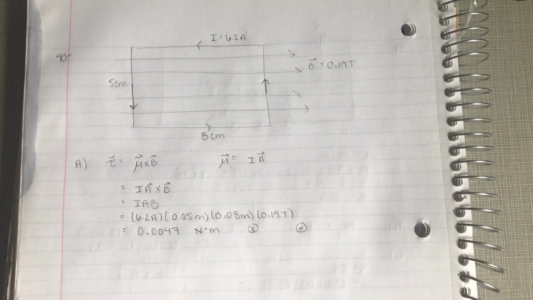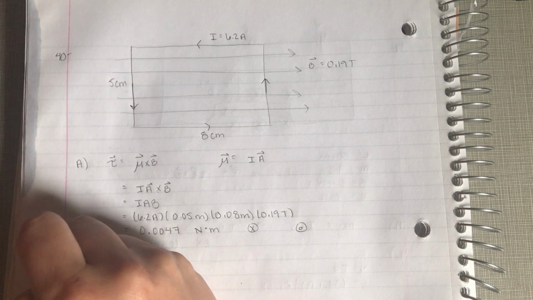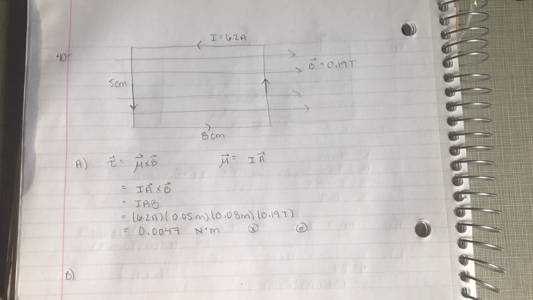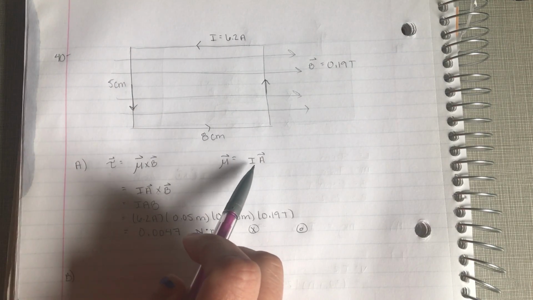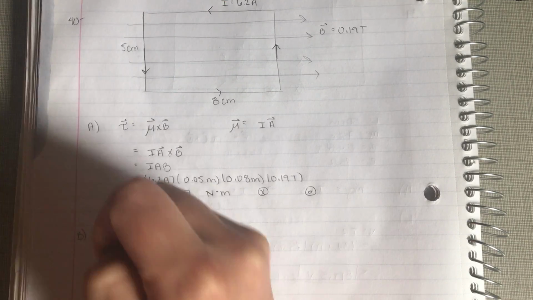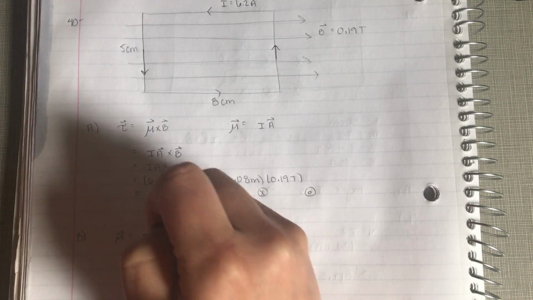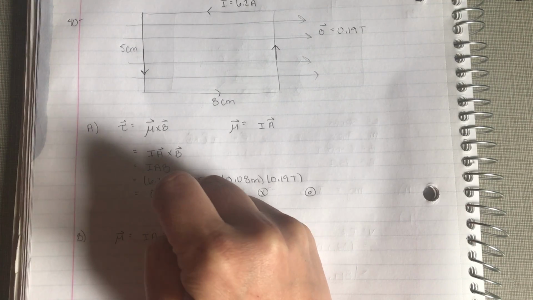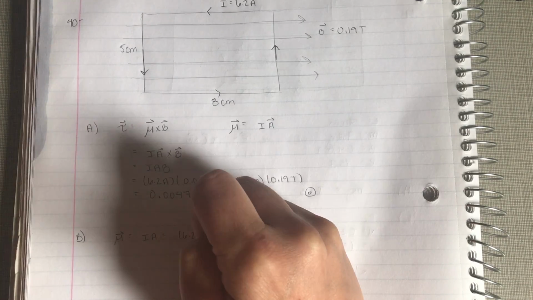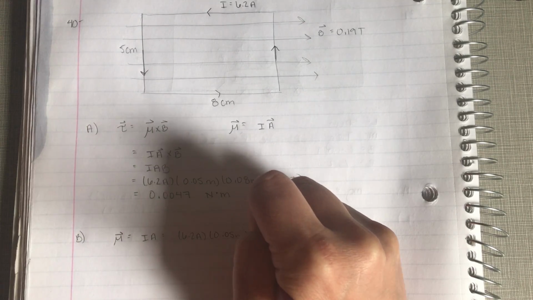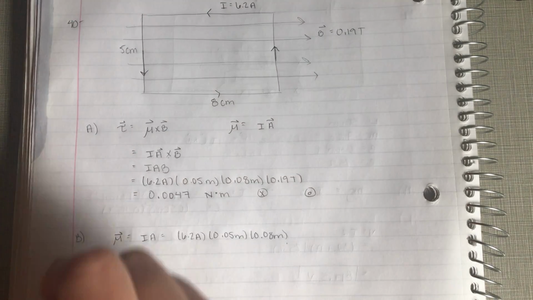Alright, so for the next part, what is our magnetic moment? Well, look, mu is just I times A. So mu, our magnetic moment, is I times A, which is 6.2 amps times 0.05 meters times 0.08 meters.